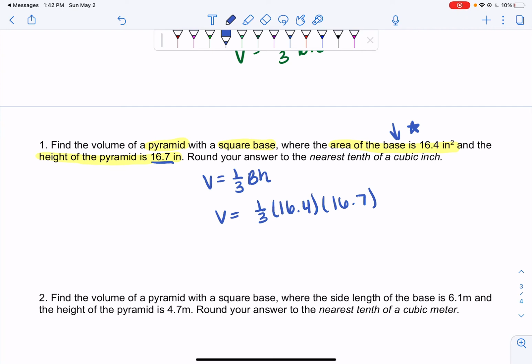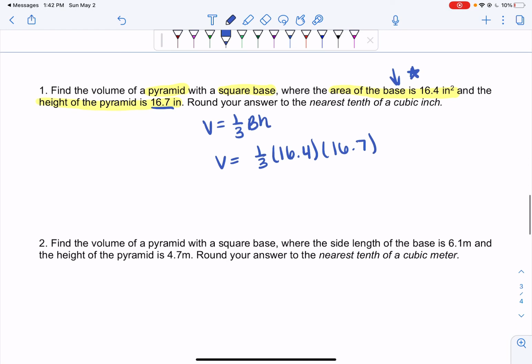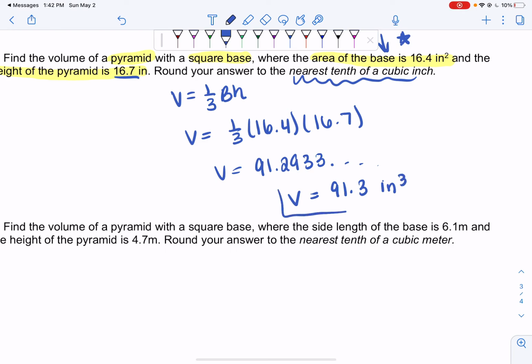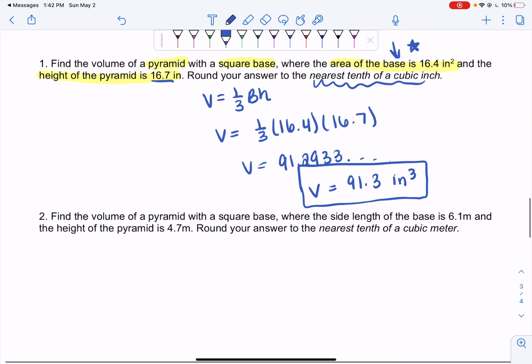When you multiply those all together, you get 91.2933 repeating. And if I want to round this to the nearest tenth, how would I round this to the nearest tenth? Very good. My final answer would be 91.3 inches cubed. That is how I'd round this to the nearest tenth.